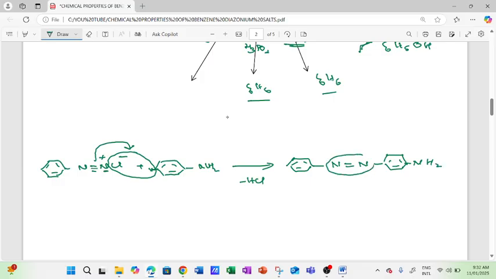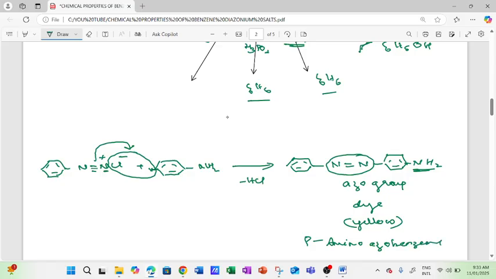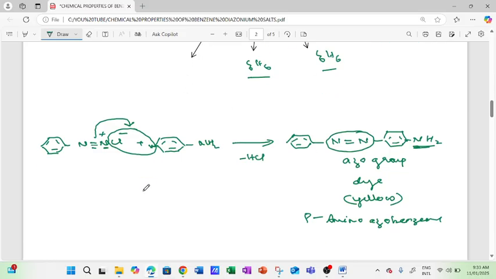This product has an N double bond N group, which is called an azo group. These groups are important in dye preparation or colored compounds, and this dye is yellow in color. It is also called para amino, because the NH2 group is in the para position. Para aminoazobenzene is the name of this product. So we prepare para aminoazobenzene from aniline by adding diazonium salt.